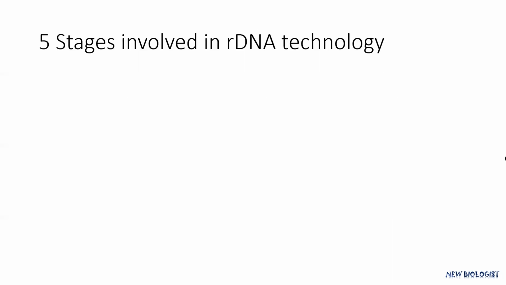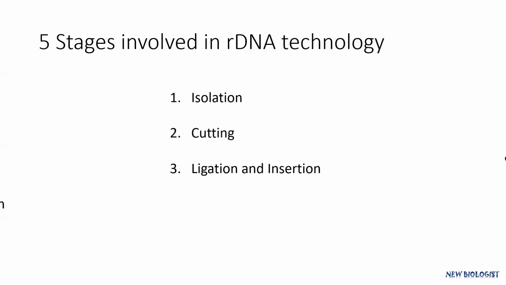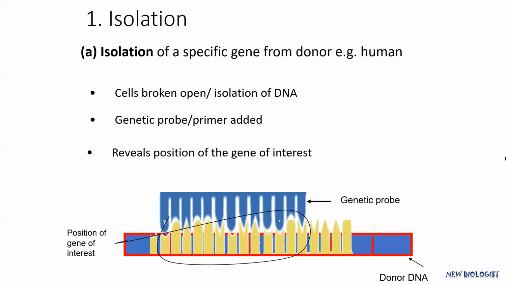So what stages are involved? There are five stages: isolation, cutting, ligation and insertion, transformation, and expression. Let me introduce isolation. That is from two places: isolation of a specific gene from the donor, and isolation from the host. Let's take an example where a human is the donor. First we need to isolate the DNA.